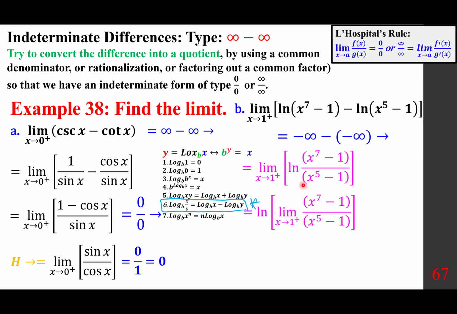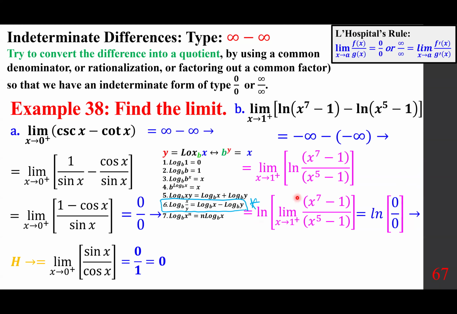If we plug in 1, we get 0 here, 0 here, 0 over 0. So ln of 0 over 0. And this will tell us we can do L'Hopital's rule, everybody. So let's differentiate.